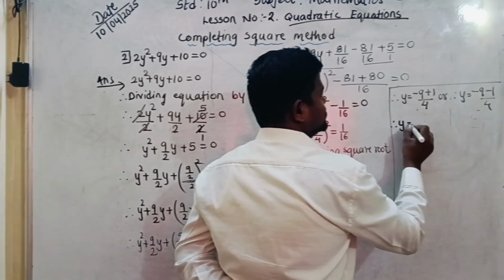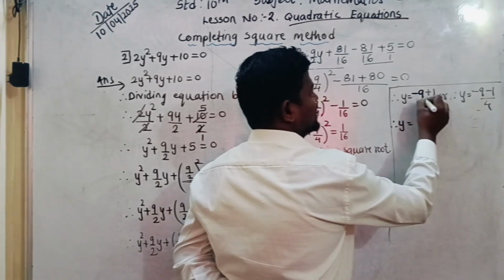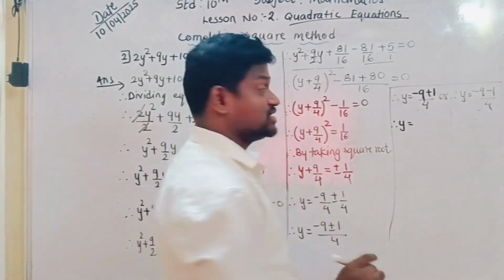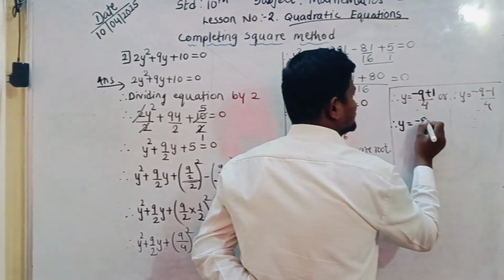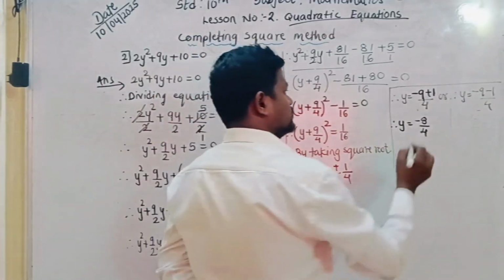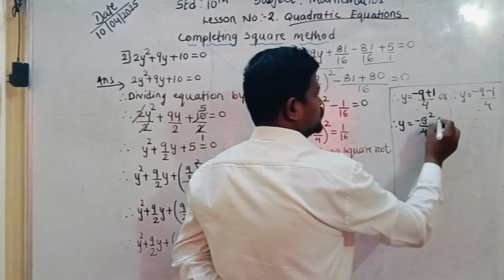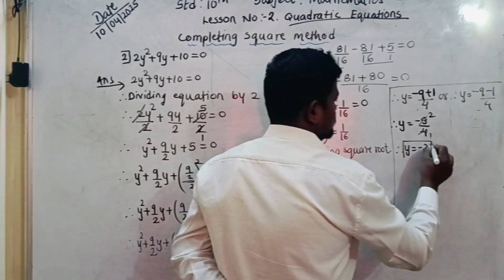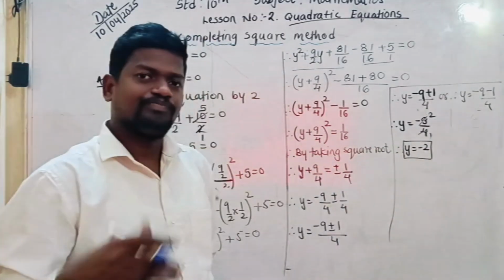So therefore y is equal to minus 9 plus 1, minus plus minus bigger number sign, so minus 8 upon 4. So divide, 4 ones are 4, 4 twos are 8. So we have y value is minus 2.